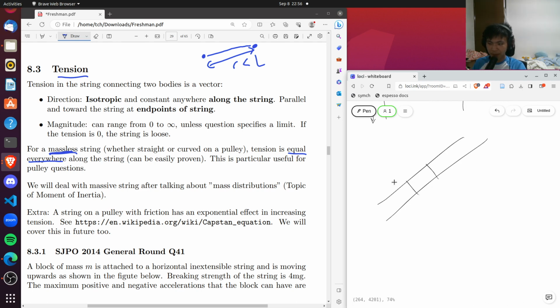Suppose at this point, let's say I call this segment A and this segment B. If I consider the shaded part of the string, the tension at point A, so tension is isotropic, meaning that even though tension is a vector, you can think of it as at the end points of the string.